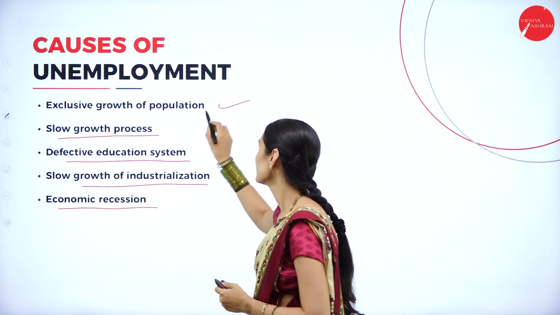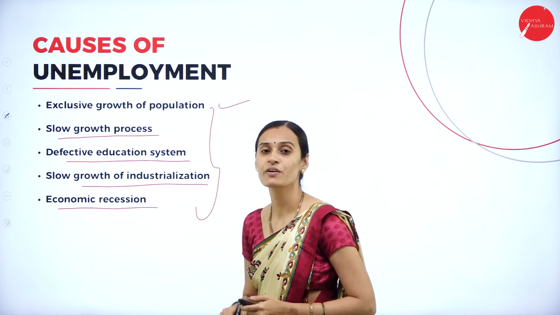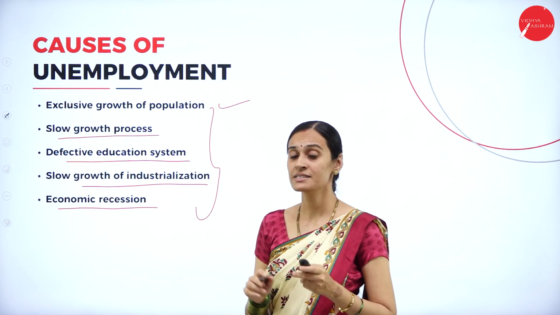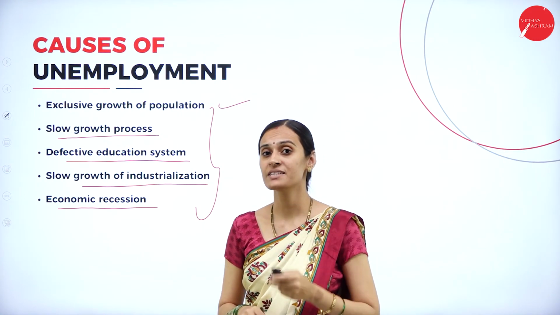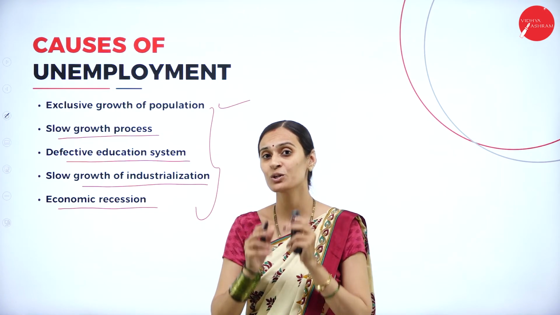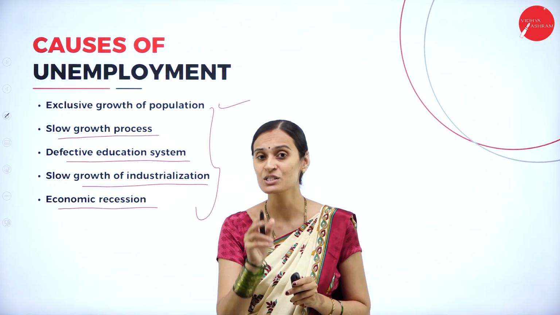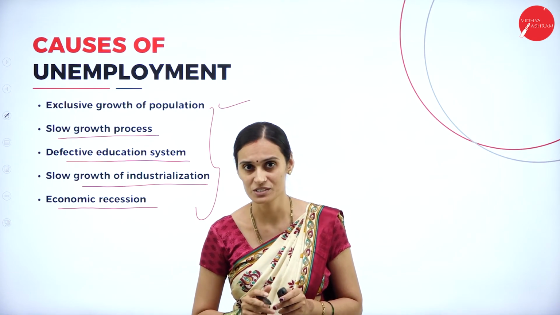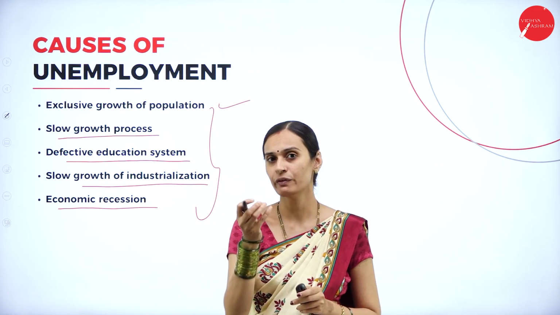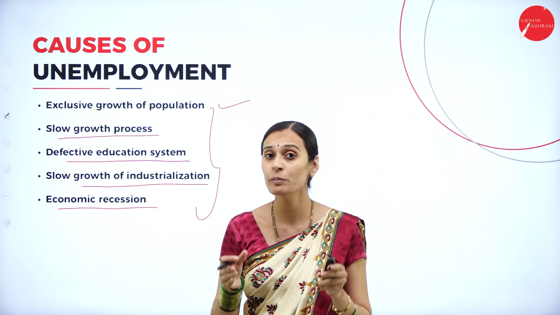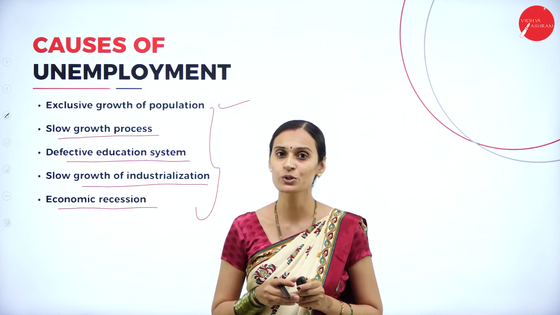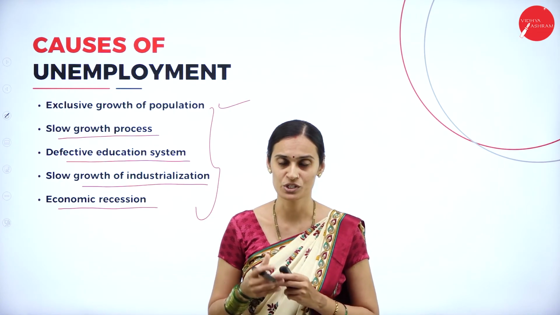So these are all different causes of unemployment. My dear students, as I already told, we should find the causes for finding the solutions. I have listed very few factors here, but there are so many factors which directly contribute to unemployment situations.